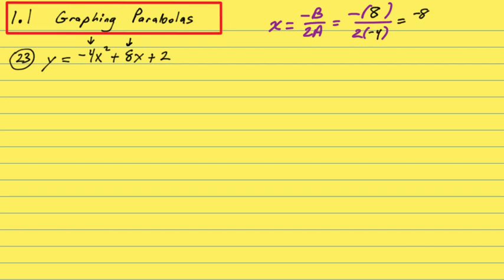So you get negative 8 over negative 8. x equals 1 is where the vertex should occur. So when I put in a 1, what do I get out? Negative 4 plus 8 plus 2. If you put in a 1, you just get basically your coefficients. 10 minus 4, I think that would be a 6. 1 comma 6.